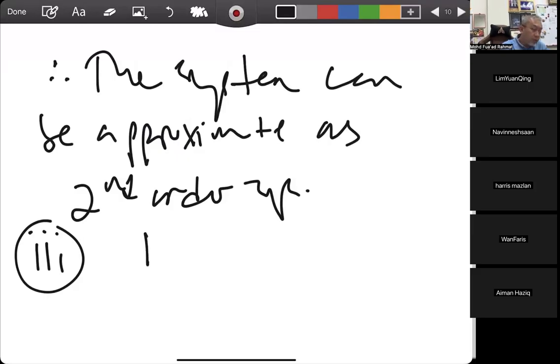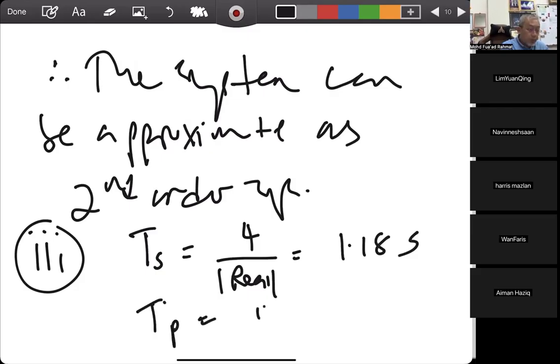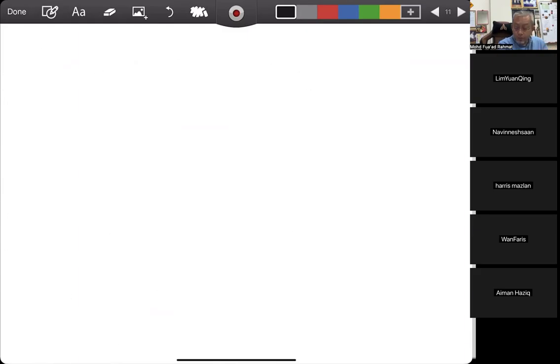So the settling time, okay, just take the value of 4 divided by the real part, which is 1.18 seconds. Tp is pi divided by the imaginary part, which is 0.52. Okay. Yes. Then using the final value theorem.